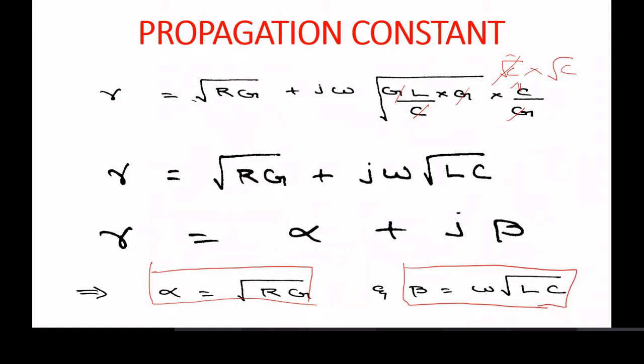So as we have said, for a distortionless line, alpha should be independent of frequency f, whereas beta should be linearly proportional to omega, or f.